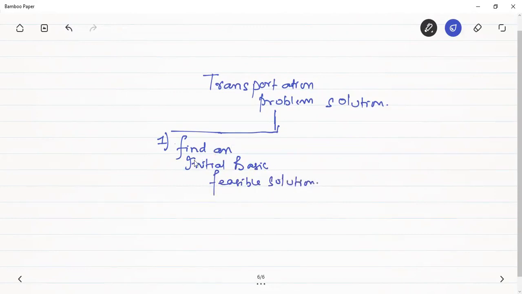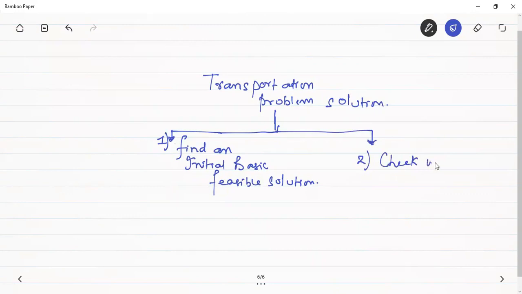Do you know what an initial basic feasible solution is? It is any solution which is a possible, feasible solution. In the examples we took in the previous case, there were so many basic feasible solutions, but one was the optimal solution. So first of all, we have to find an initial basic feasible solution.